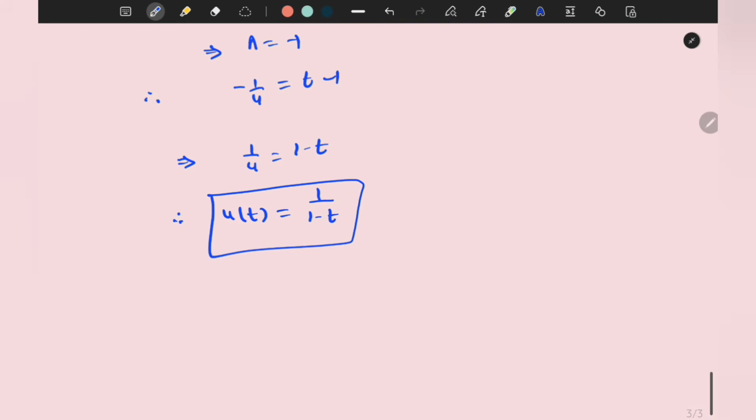We can see that this expression is undefined when t is equal to 1. So the solution exists only when t is not equal to 1.